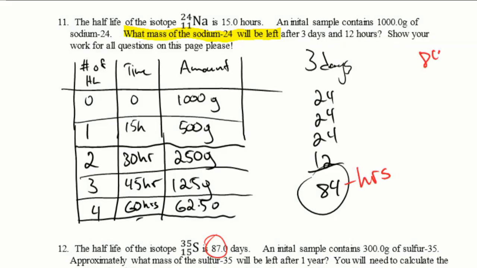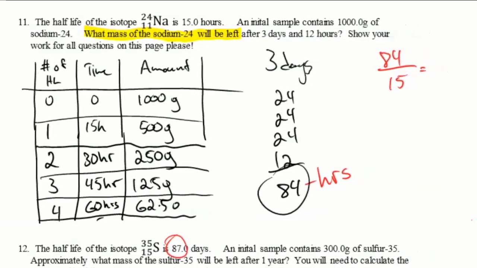We're going to take 84 and divide it by 15 to figure out the number of half-lives. So it says we're checking on this after 3 days and 12 hours, which is 84 hours in total. And the half-life's 15 hours. So if I take 84 and divide it by 15, I get 5.6 half-lives.